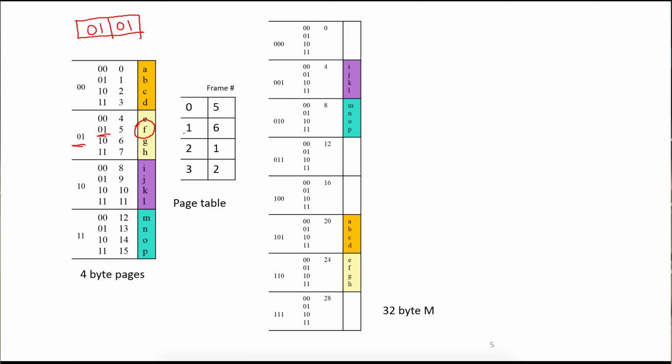And if we take a look here, that data F has already been put into a frame, and that's frame 6. So the physical address of that is going to be frame 6, and the offset is going to be the same.